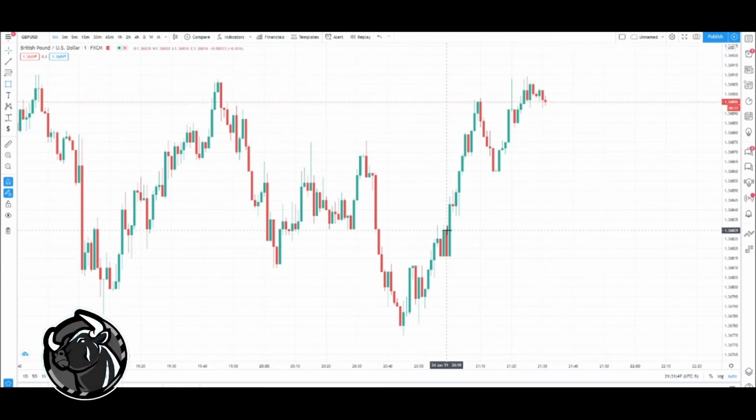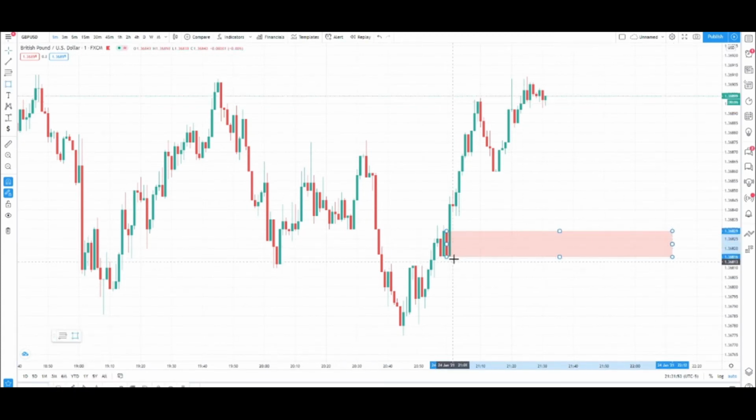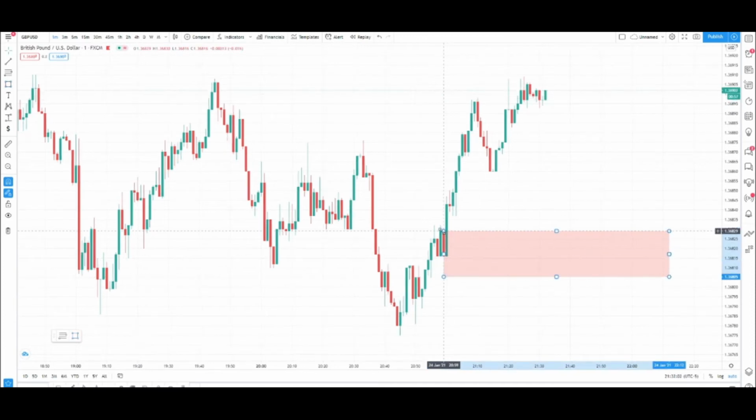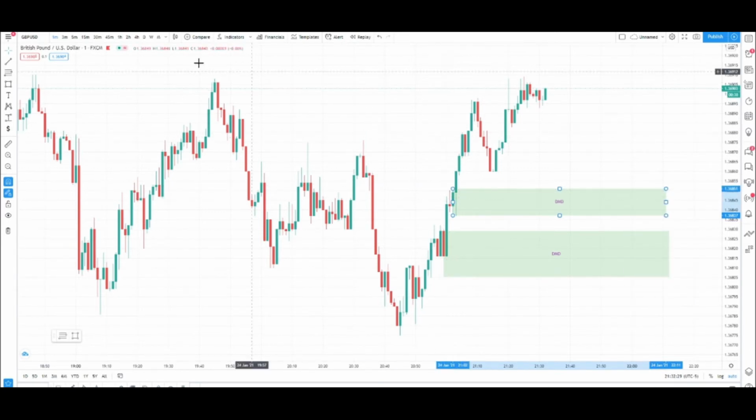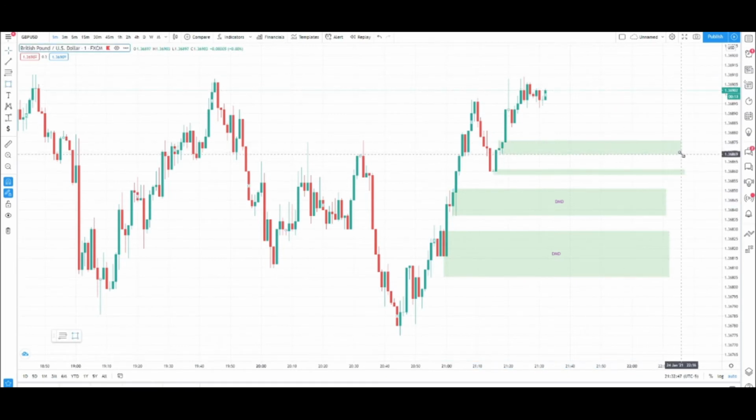We have one right here. We go from a low to a high to a low, right? But in the meantime, we create this demand zone, and we're looking for the ones that are fresh, right? That haven't been violated or anything like that. We got that one. We got one technically right here, and that looks about it for the demand.